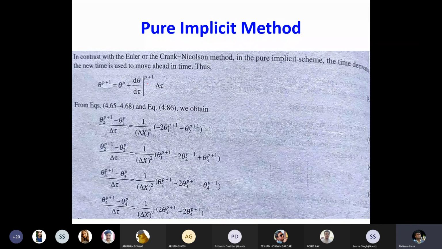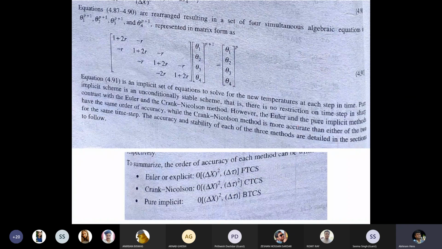Now the third point, that is the pure implicit method. As I told you, here the derivative is expressed purely implicitly at the p plus 1th level, and if you again put the values in our governing equation, these will be the 4 set of equations. And again, if you organize a little bit, you are going to get a matrix like this, Ax equal to b.